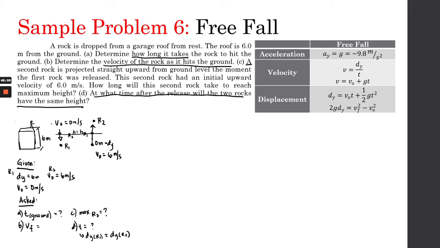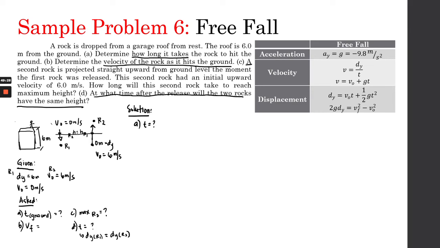Okay, so there's a lot going on, so let's begin solving this problem. Let's begin with the time it takes for the rock to hit the ground. So how long will it take for rock 1 to hit the ground? So we're looking for time here. We're solving for time. And they gave us the distance that the rock should travel.